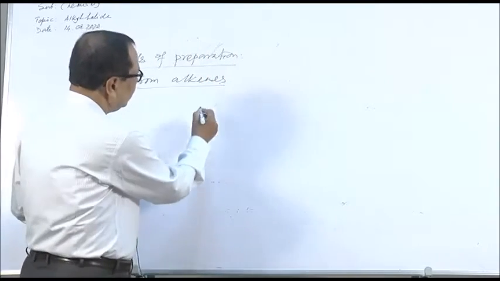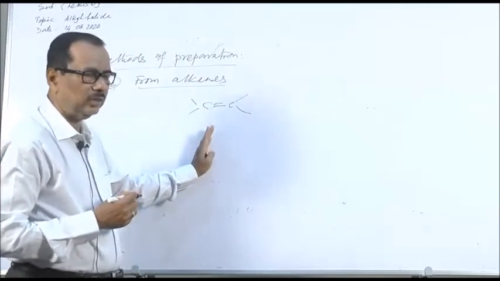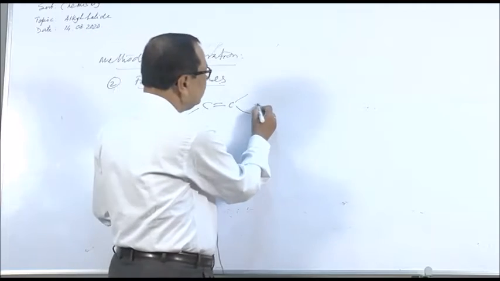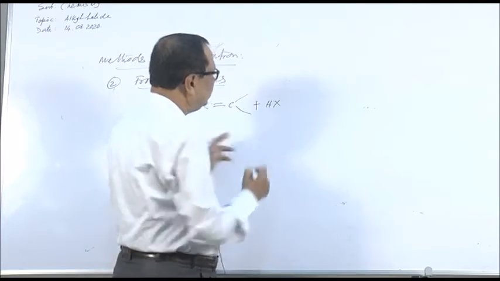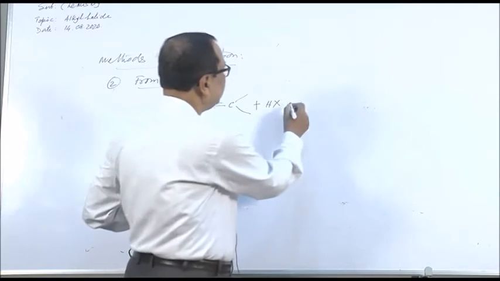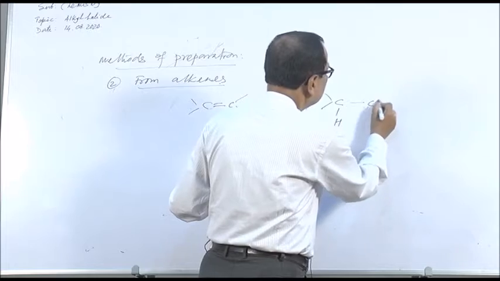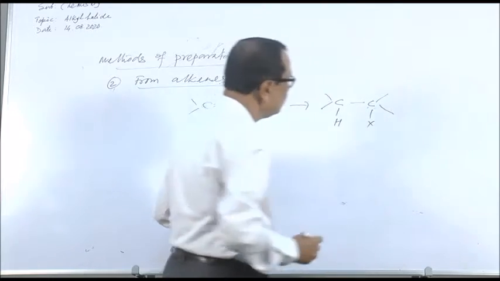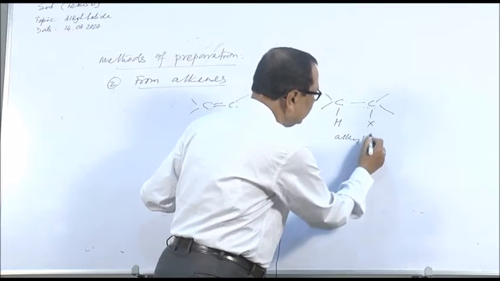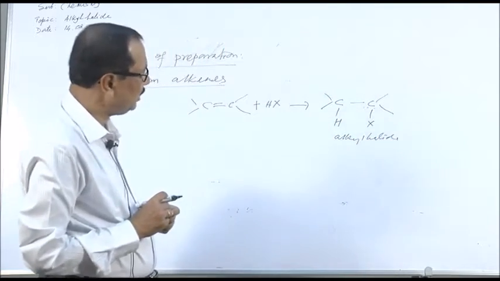Alkenes contain a carbon-carbon double bond. When treated with a halo acid, may be HCl, HBr or HI, we get C, H single bond, X. So this is your alkyl halide. Depending on the nature of halogen, we can get chloride, bromide or iodide.